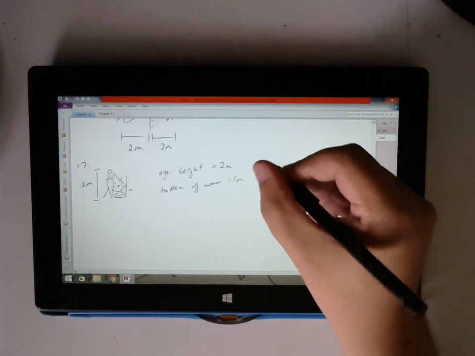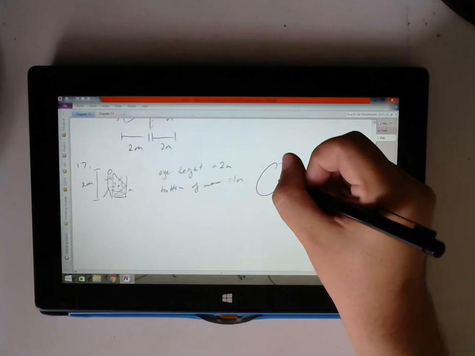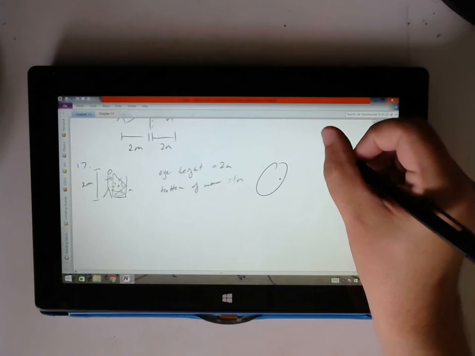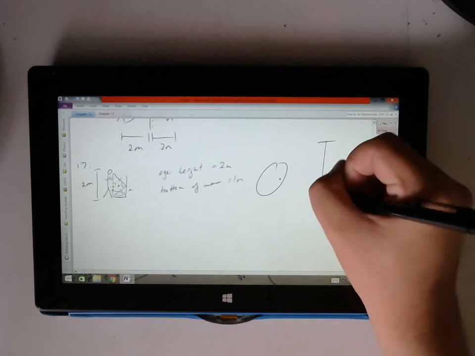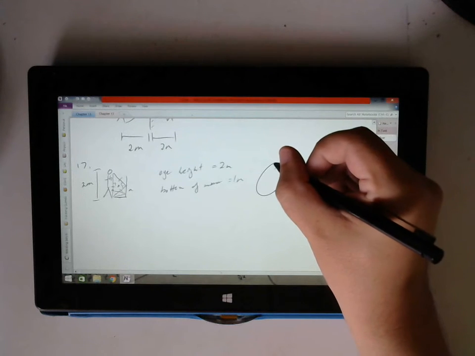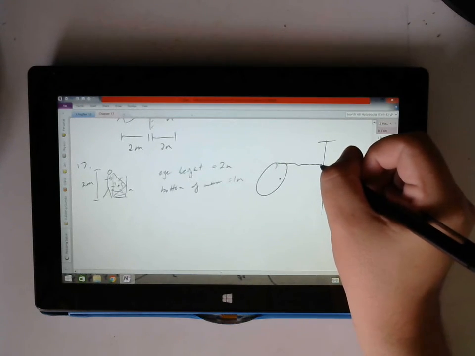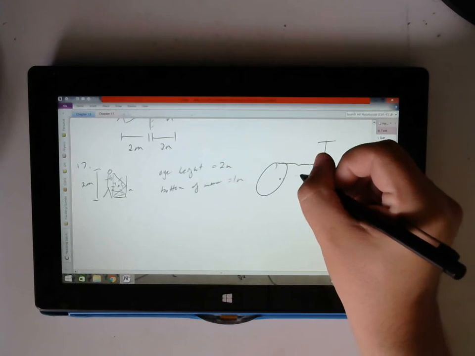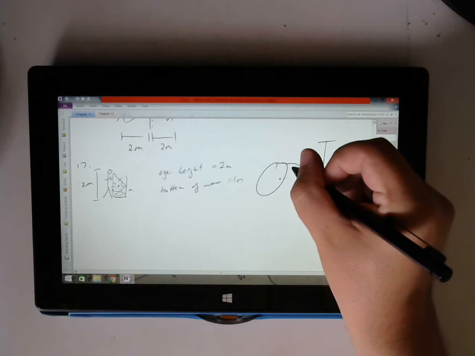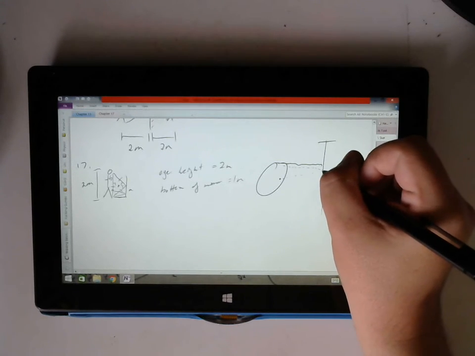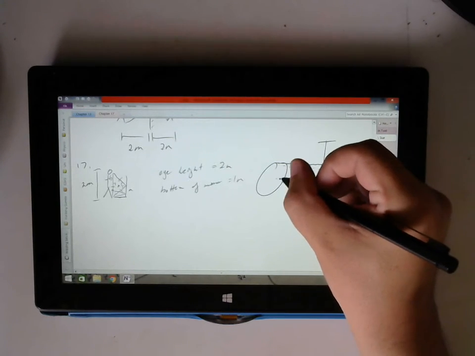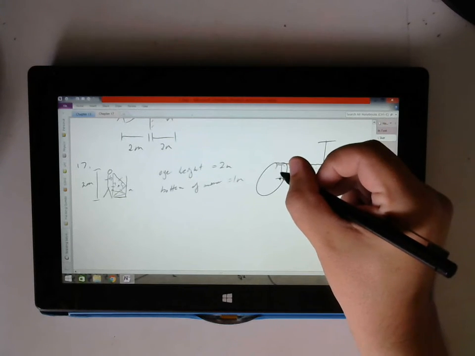So, big head, eyes, and we have some mirror that's going up there and goes down there. Here is the top of that person's head. Do we need the mirror to go to the top of the head? No, we don't actually. We need the mirror to go to at least half the distance from his eye to the top of his head.